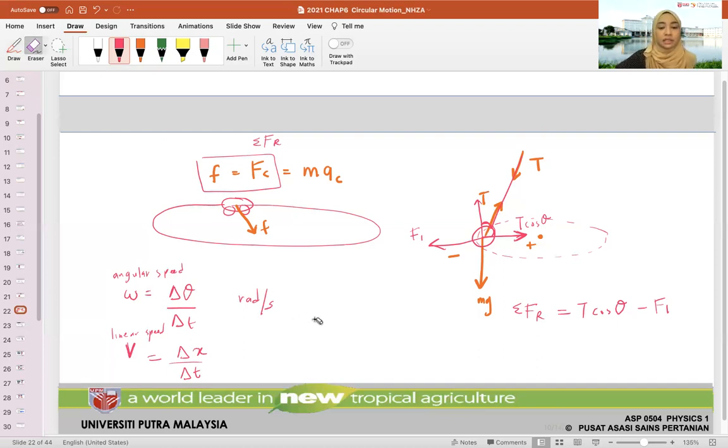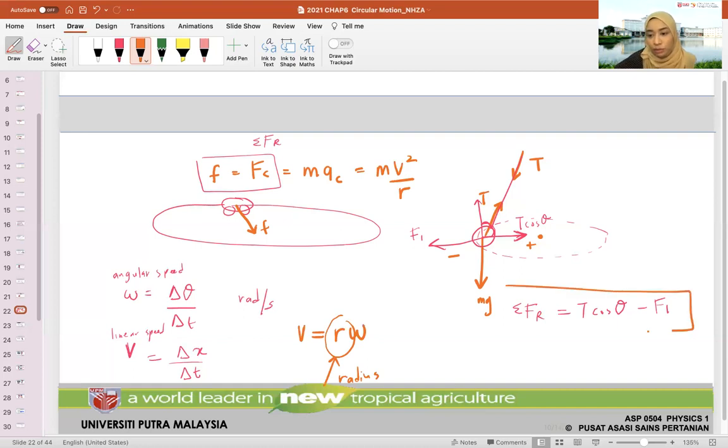Okay, they have a relationship, and it is known as V equals to R omega. Now again, what is R? R is the radius of the circular path. Ni kena ingat, memang kena ingat. V equals to R omega. And another equation that I forgot to mention was MAC is also mv squared over R. So AC is V squared over R. This is also another equation that you need to remember from this chapter.